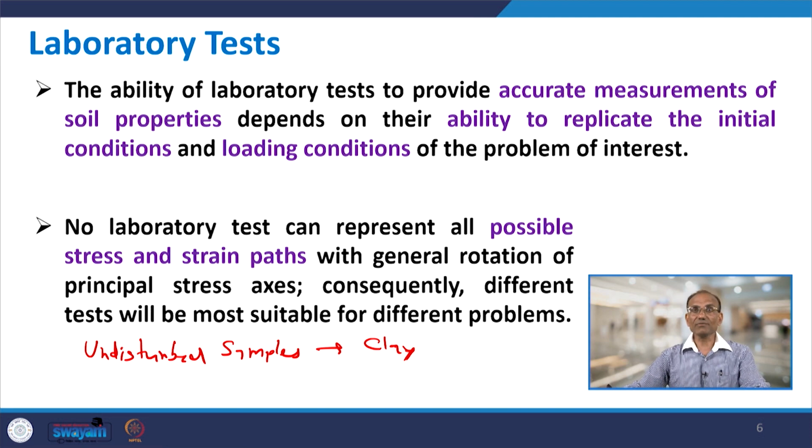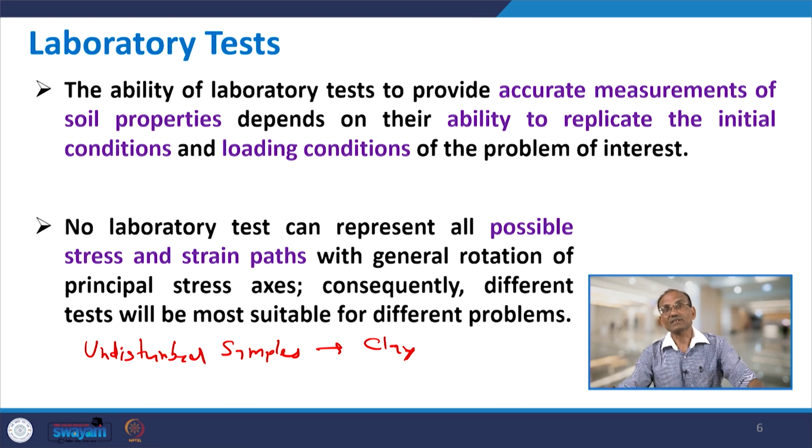Now, the ability of laboratory tests to provide accurate measurement of soil properties will depend on their ability to replicate the initial conditions and boundary conditions of the problem of interest. No laboratory test can represent all possible stress and strain paths with general rotation of the principal axes.